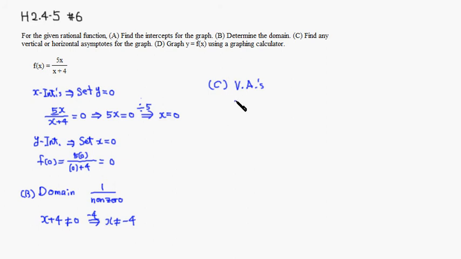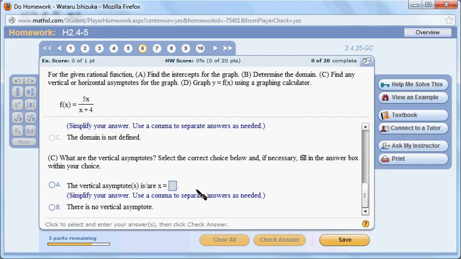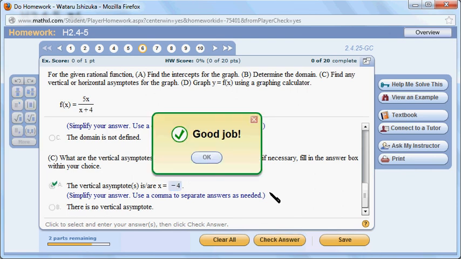The denominator is x plus 4 equal to 0. We can just subtract 4 just like before. x equals negative 4. This is the equation of the vertical asymptote. Let's go back and check. x equals negative 4. Check the answer. Got that right.